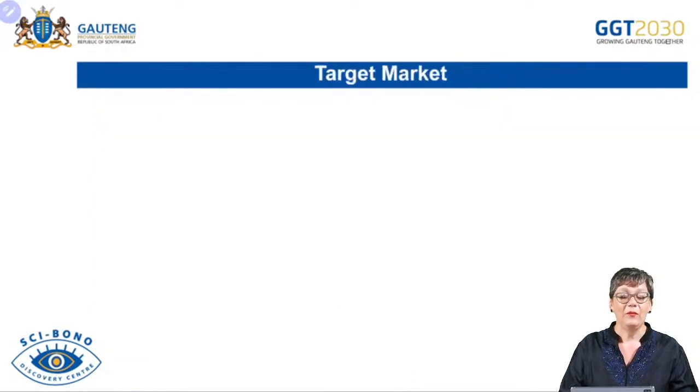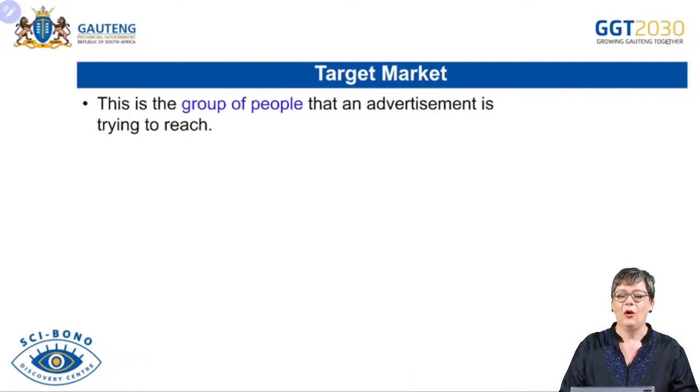Right, one of the most important things for every advertisement is the target market. You have to make quite sure that you know exactly who the group of people is that the advertisement is trying to reach. This is one of the questions that is often asked in the exam paper as well, so make sure you understand this part.